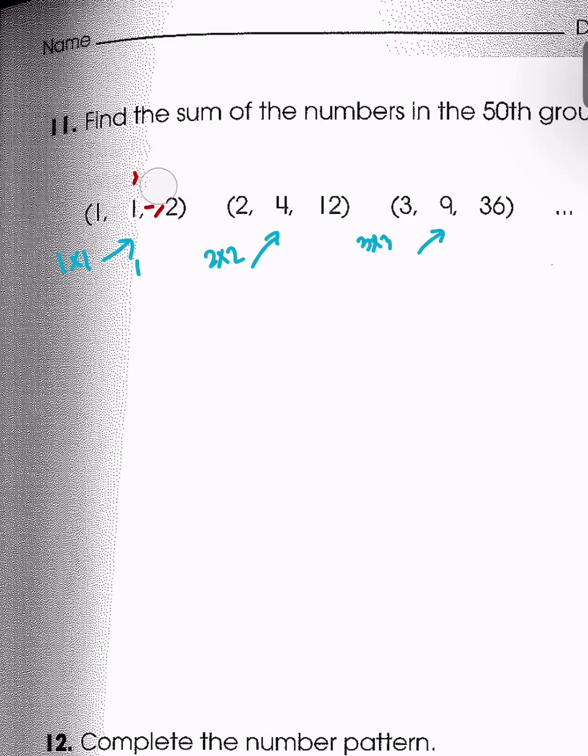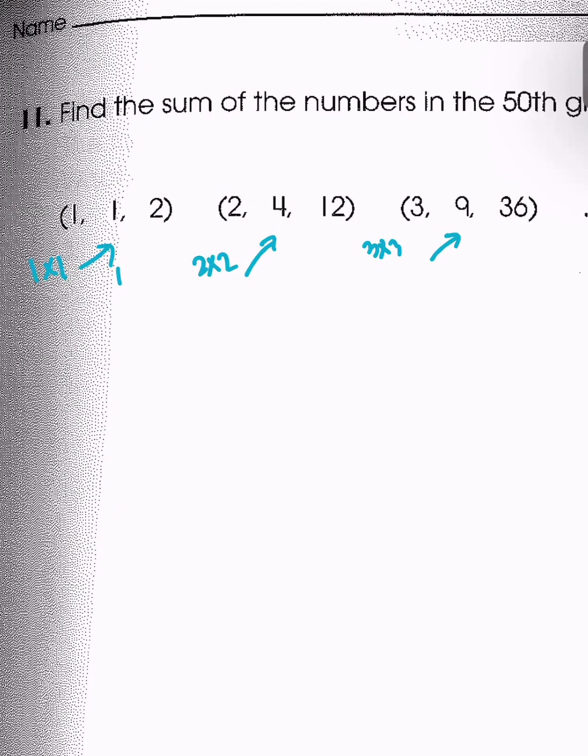So I think I misread some numbers. So to get to the third number, we'll try again. We have 4, 12, 9, and 36.